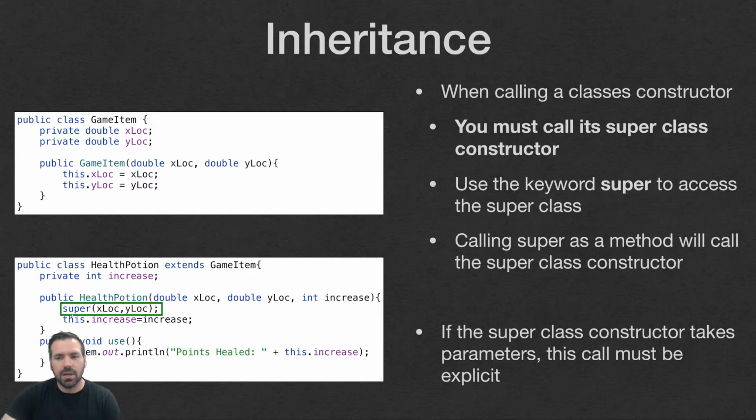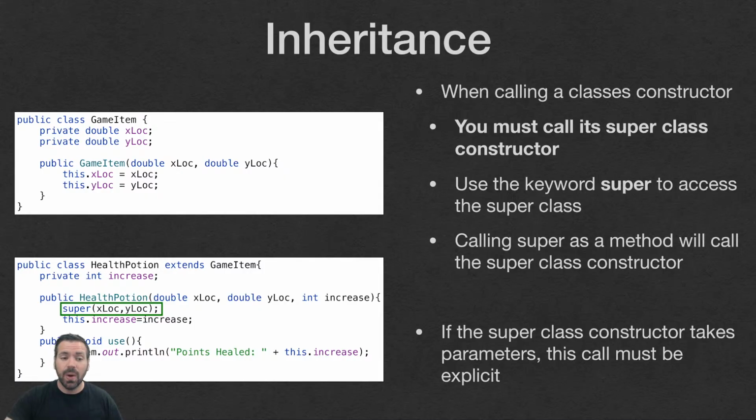So, superconstructor calls. The superclass constructor is always, always, always, 100% always called when you have an inheritance relation and you create an object of the child type.